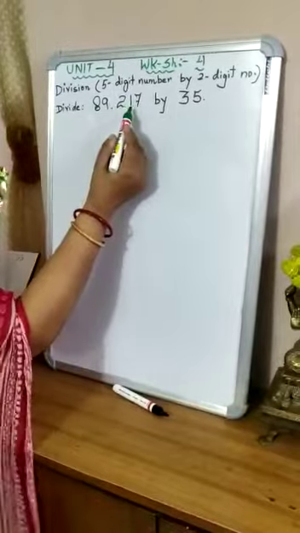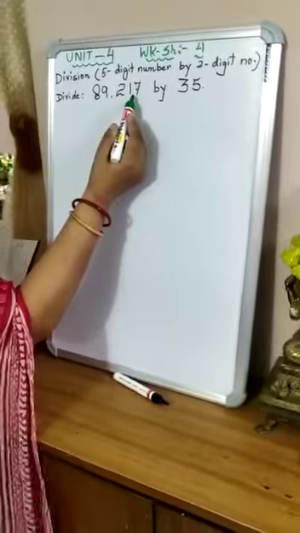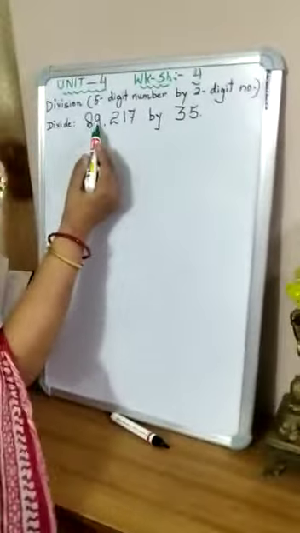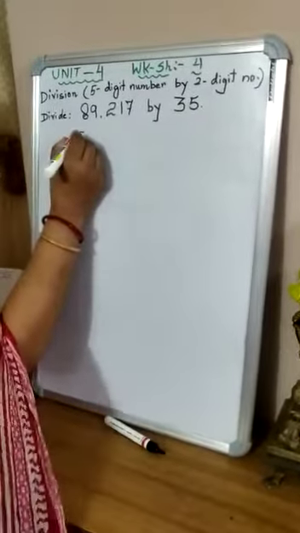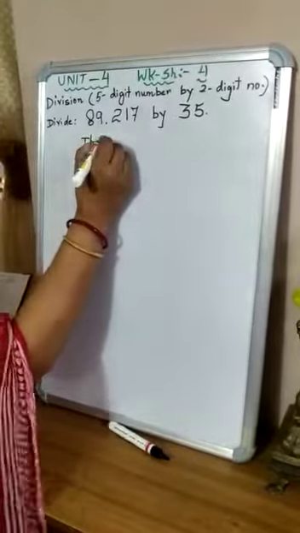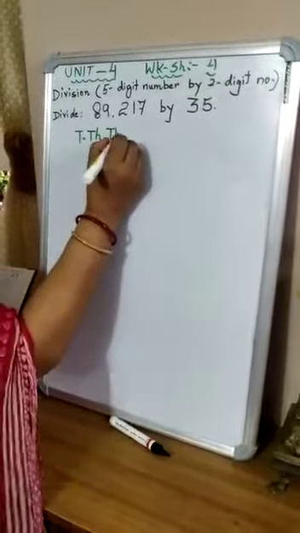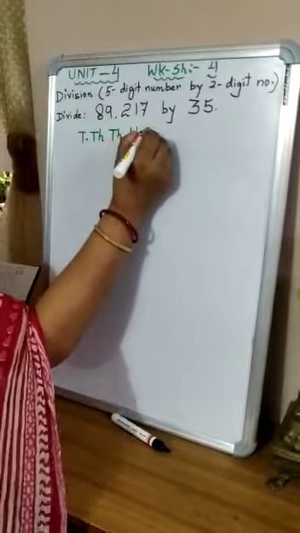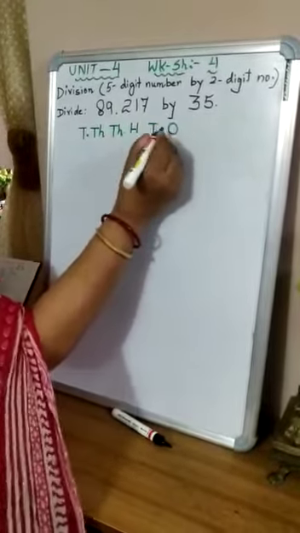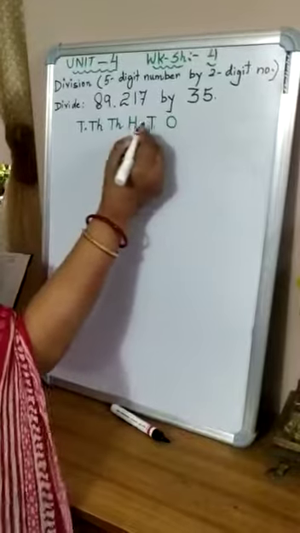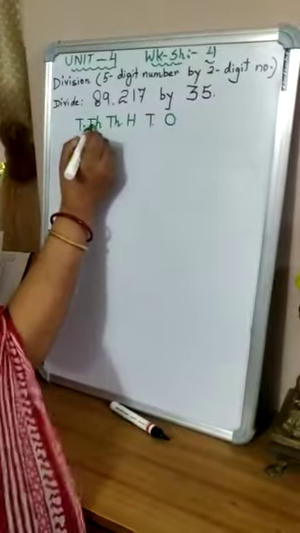I'll start from the extreme right side of the number: ones, tens, hundreds, thousands, ten thousands.